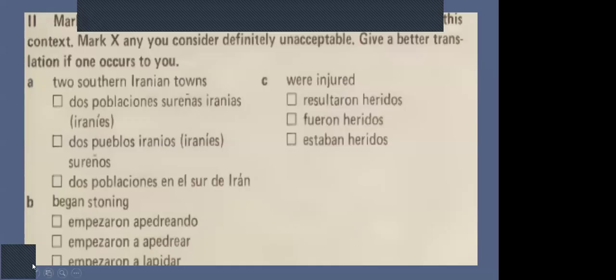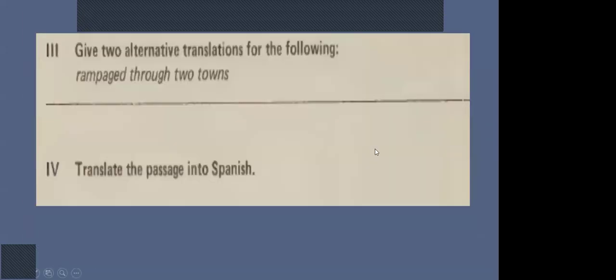Very good. Okay, now comes, let me see, this rather difficult chunk.